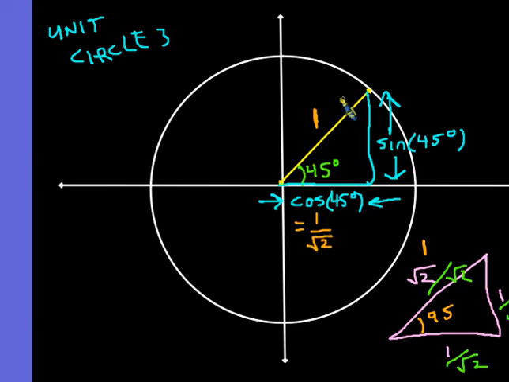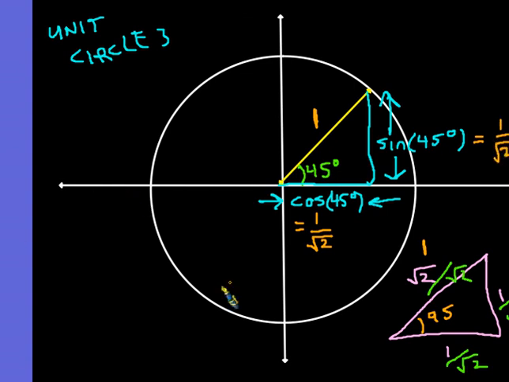That must be the length. If we believe that in this unit circle the radius is 1, then the length of cosine of 45 degrees, the distance from here to here, must be 1 over square root of 2. And it turns out the same happens to be true for sine of 45 because this side and this side are equal. So it's also 1 over square root of 2.